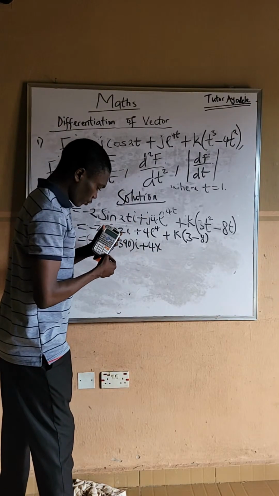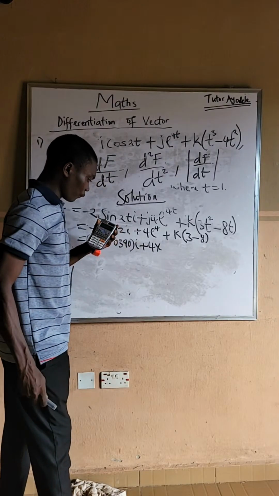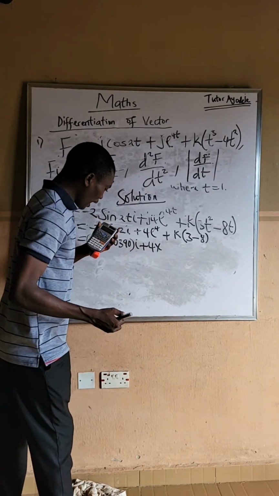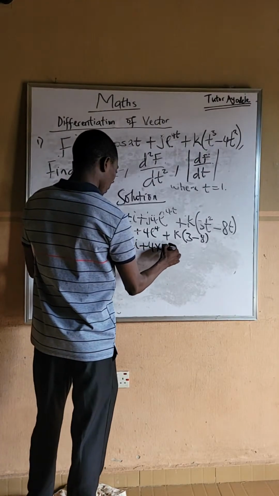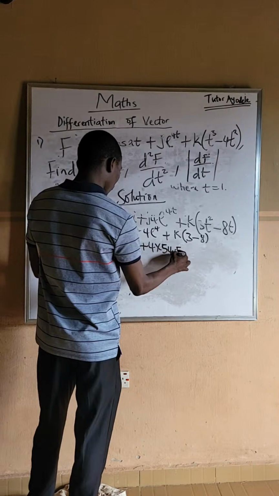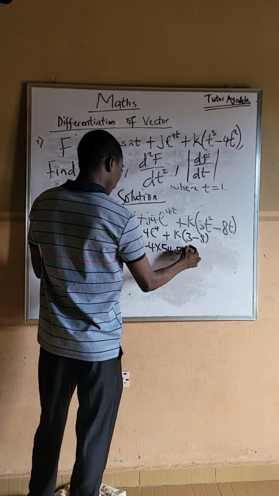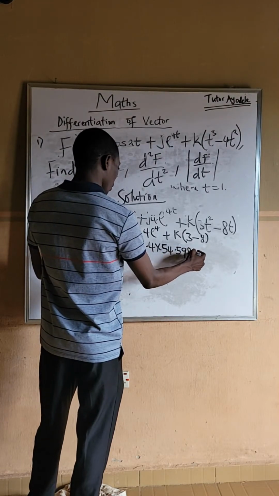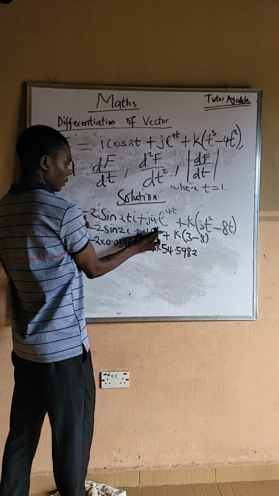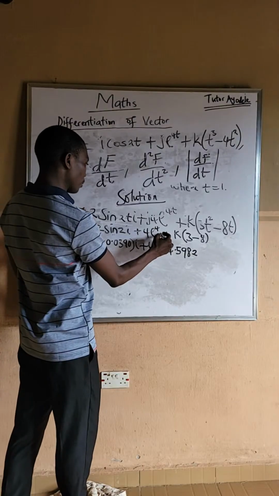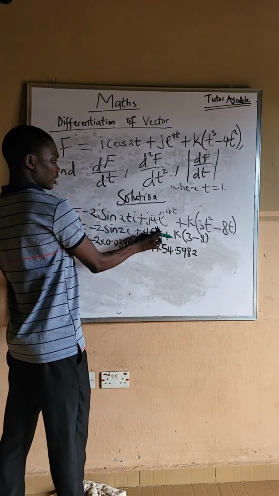Okay, press equals. It gives me 54.5982. Don't forget to put your J at the back. That is exponential 4.